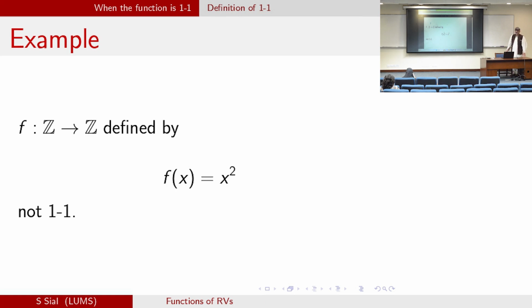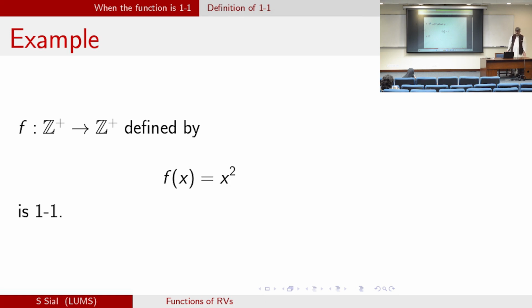I say that that function is not one-to-one. Can you tell me why? It doesn't satisfy the horizontal line test. You can have two different inputs which evaluate to the same output. So for example, f of minus 2 is 4, and f of plus 2 is also 4. So the function is not one-to-one, so you couldn't apply this formula that we're going to derive.